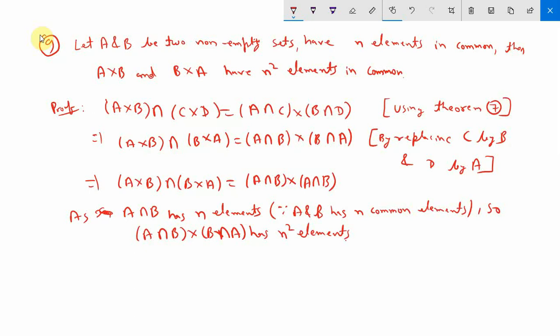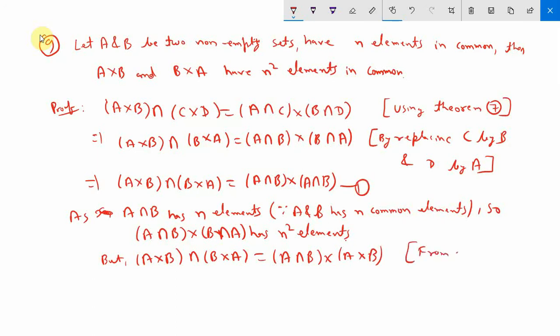But here we can see (A × B) ∩ (B × A) is equal to (A ∩ B) × (A ∩ B). This is from here, from 1.